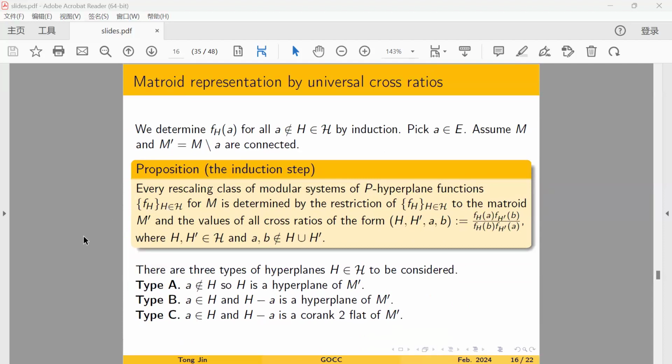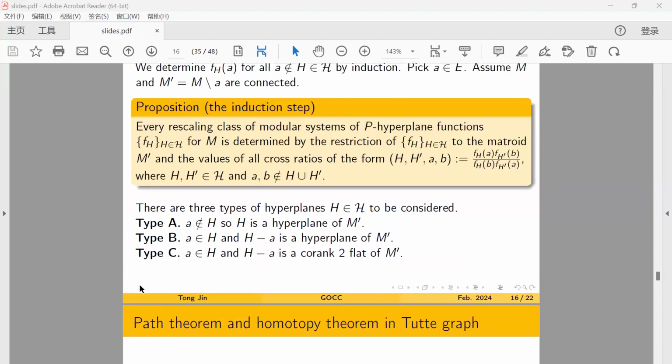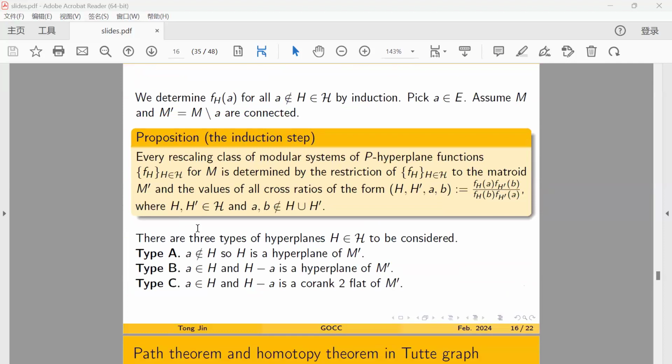The first one, let's call it type A, is that the picked element A is not in the hyperplane H. If that is the case, then by some basic facts about minors of matrices, we know H is a hyperplane of both M and M prime. Because H is also a hyperplane of M prime, and because we know the restriction of the hyperplane function to the deletion M prime, the only thing we need to do is to find out FH at A. So for type A, we only need to find FH at this picked element A.